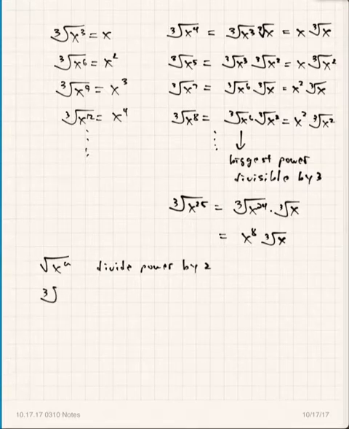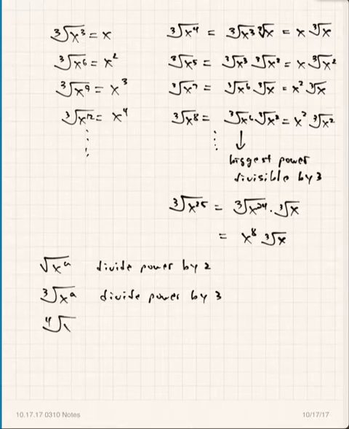With cube roots of x to the a, we divide the power by 3. So with 4th roots for x to the a, we divide the power by 4. Fifth roots, we divide the power by 5, and so on.